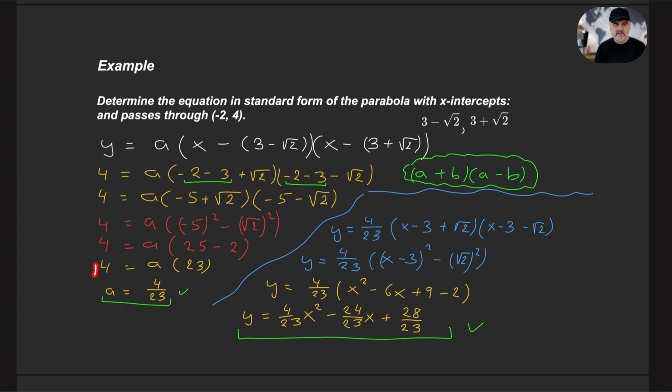The left side is 4, and you're finding how much a is. You must divide both sides by 23. Boom. We have the leading coefficient a as a fraction. We're not going to change to a decimal because this would not be exact. We cannot simplify it further. We keep it.